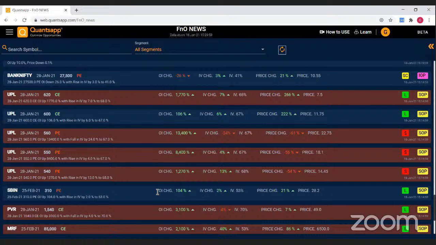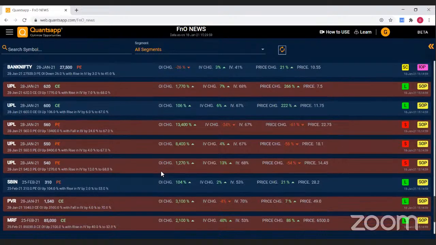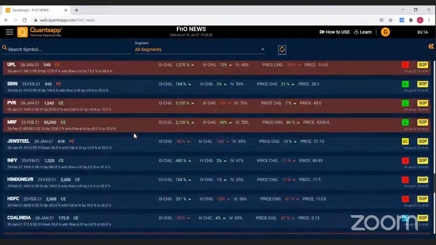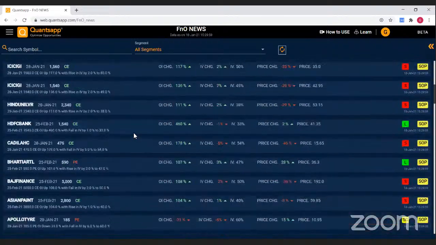And for the put, I can see that they are showing a good amount of confidence writing the put option. So put writers do not want prices to fall below 560, 550 or 540. That depends. This might change as the price of the underlying fluctuates. So this was about the FNO news.